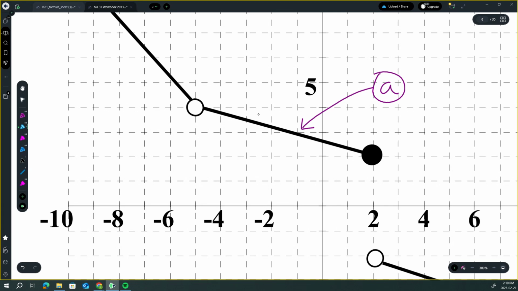So what I'm doing in my brain is tracing my finger along the graph from both the left and the right-hand side, and I'm like, oh okay, as x approaches -1 from both sides, y is going to approach, or eventually become, 3, because we're assuming each of these tick marks is 1 unit.